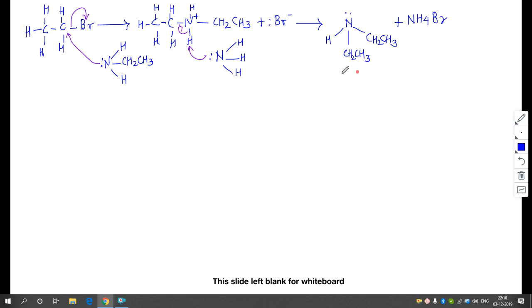What we form here is diethylamine. Then I'll write down the mechanism for the quaternary ammonium salt also. That way our mechanism will be over.